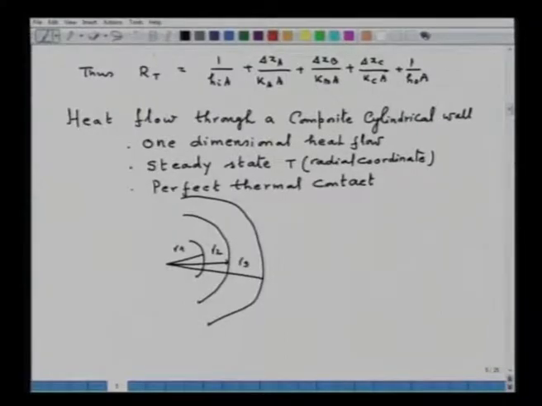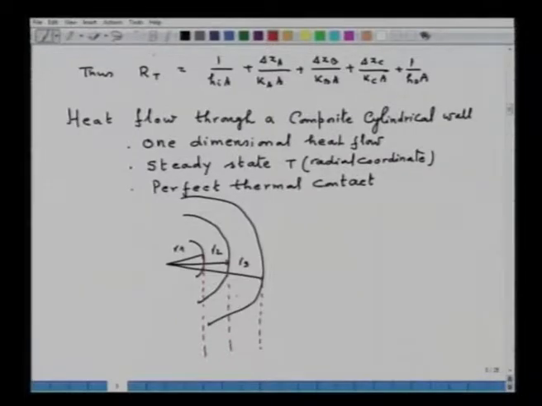Now, if I want to draw the temperature profile, this is the temperature at this interface, and this is the temperature here at the interface.